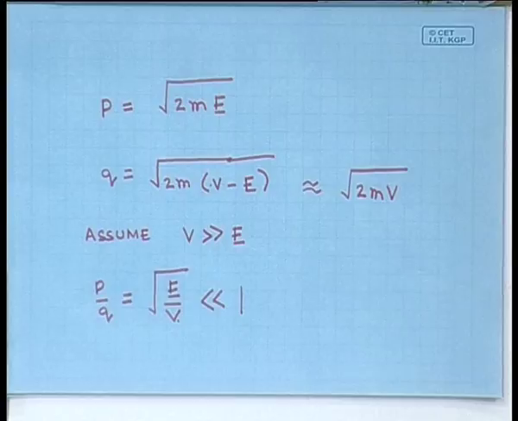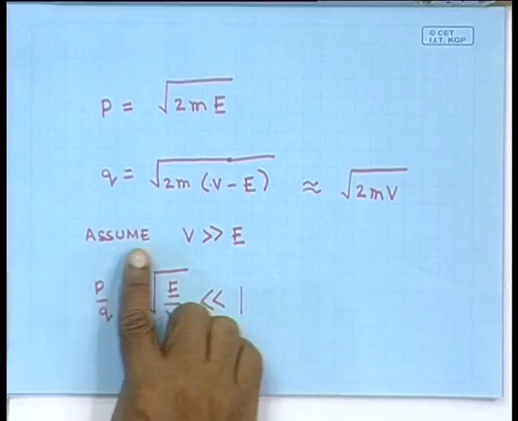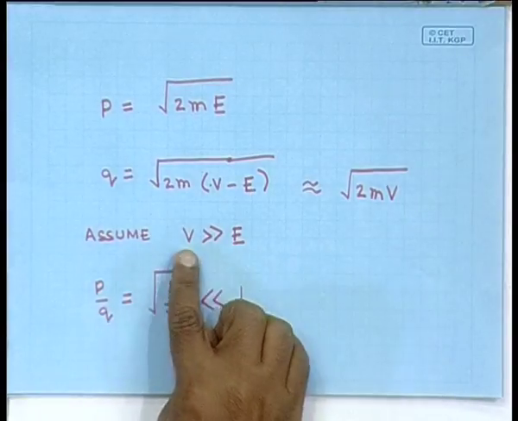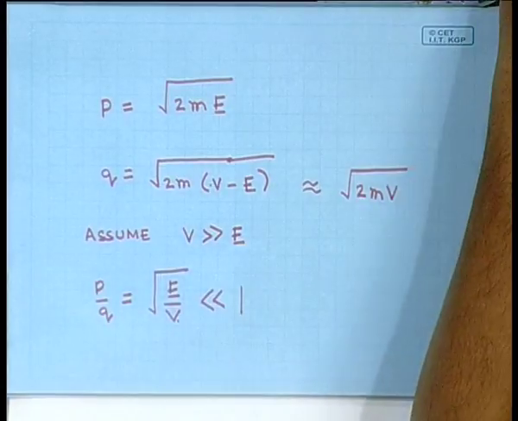In our calculation, we are going to make this assumption throughout, not that this assumption is essential to calculate tunneling probabilities. Such tunneling calculations can be done in a very general situation where the potential energy is comparable to the energy of the particle.